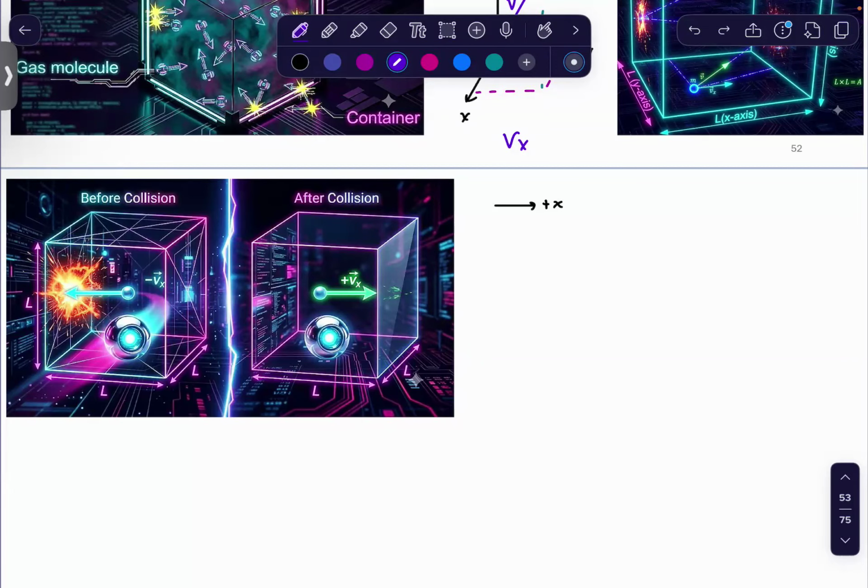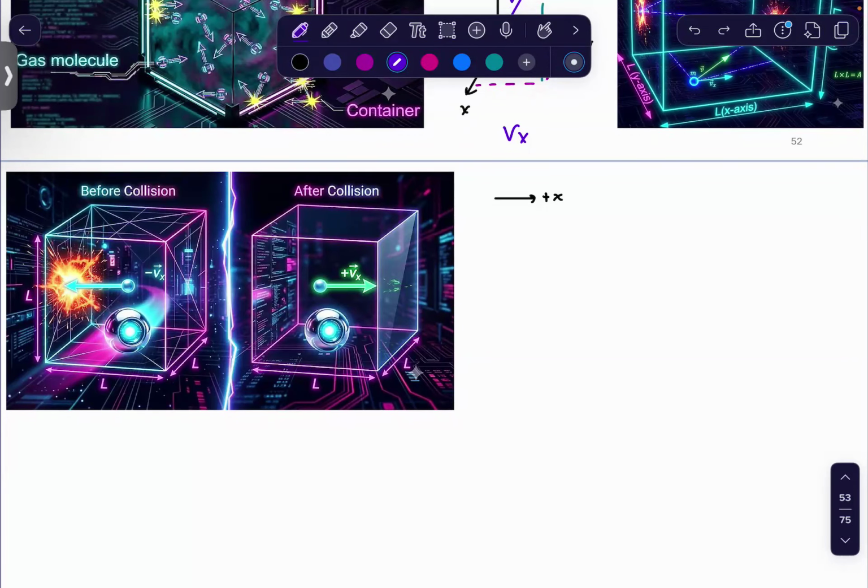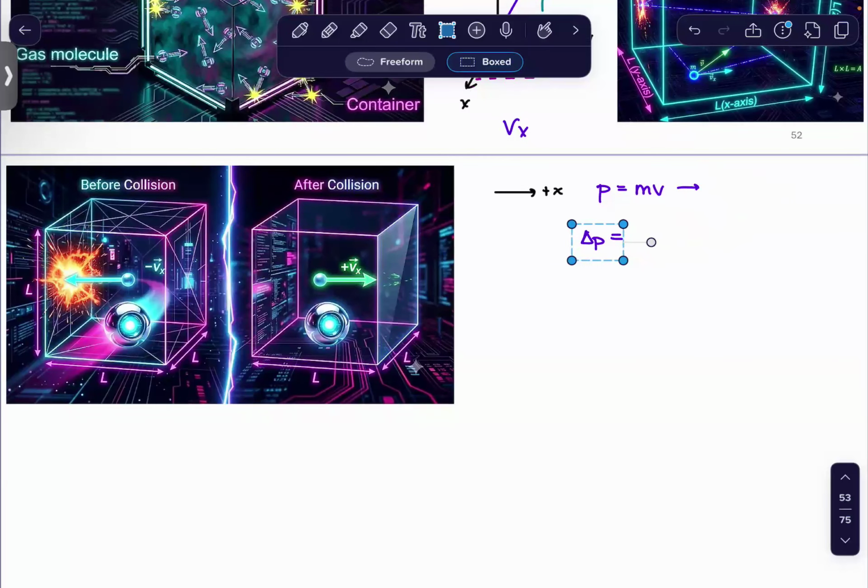Okay, so a couple things we want to keep in mind. Those of you who haven't done physics, I'll just give you definitions. Momentum is P, and that's going to be mass times velocity. Now, what we're worried about is change in momentum. That is going to be the final minus the initial.